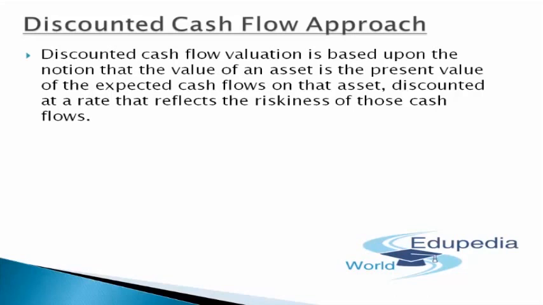Whatever you can purchase with 2 rupees today, you won't be able to purchase with 2 rupees next year, because the true value of that money will depreciate and prices will certainly increase with time. That is why this expectation rate is applied while valuing the expected cash flows.